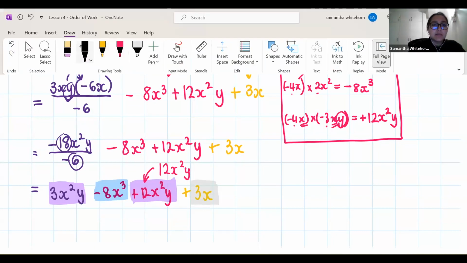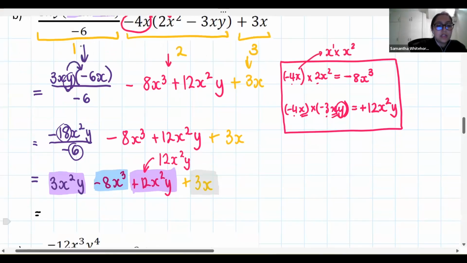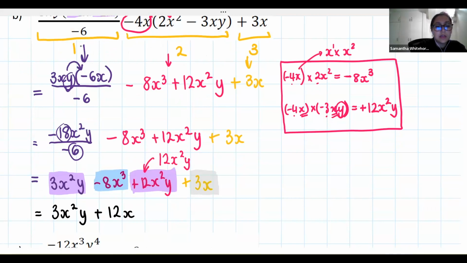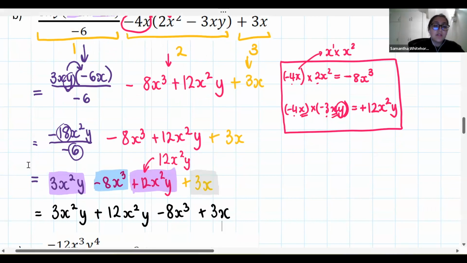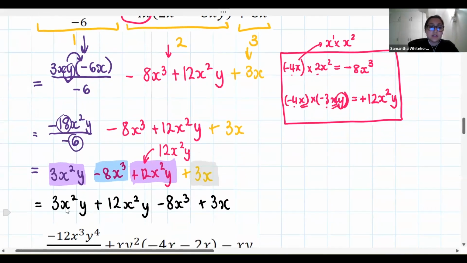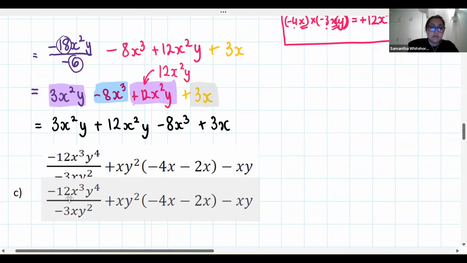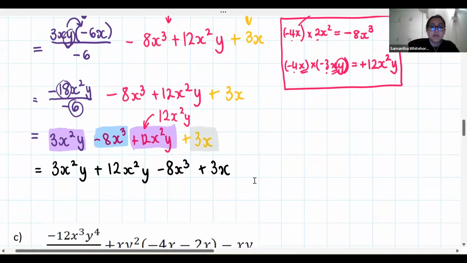Now we can add and subtract our like terms. Remember, if you need to write your like terms together, that's fine: 3x squared y plus 12x squared y minus 8x cubed plus 3x. You can group them if you want to, you don't have to. It really makes no difference, whatever you're more comfortable with.